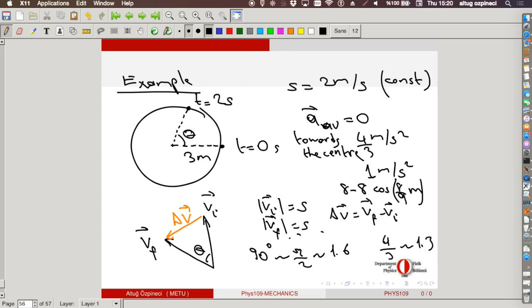Remember how we calculate this one. We have the v initial, we take the minus of it, we just need to change its orientation. So if this is our v initial, minus v initial is this one. We have this minus vi vector, we add the v final vector, and we reach this point. So v final plus minus vi is the vector that starts from the end of minus vi, which is over here, and goes to the head of the v final. So it's this vector.